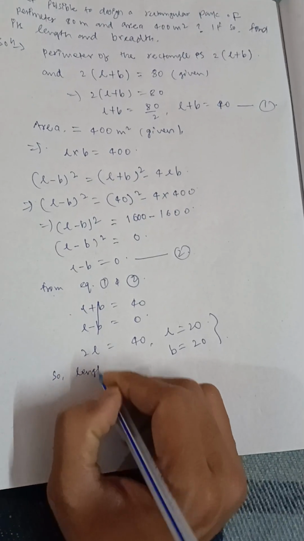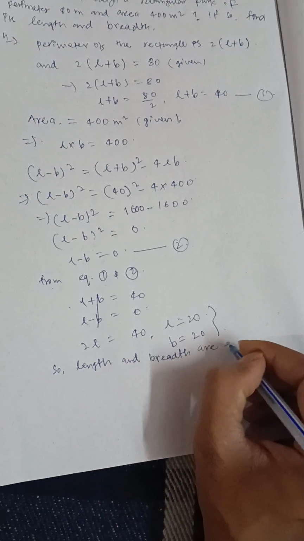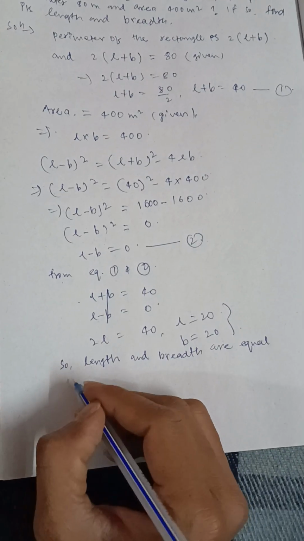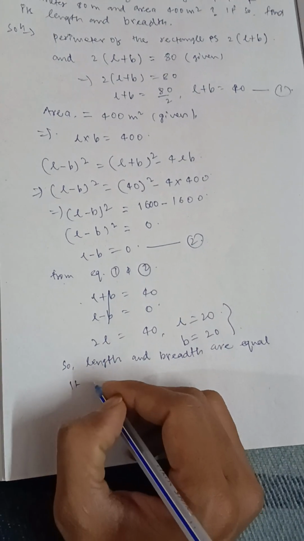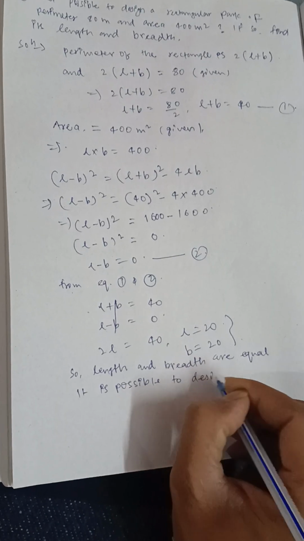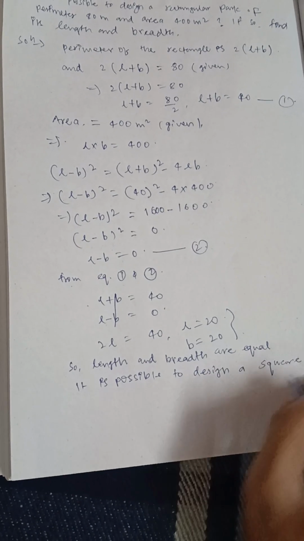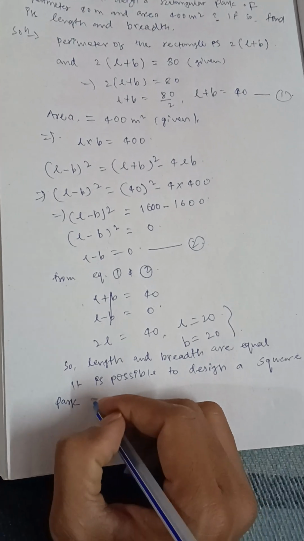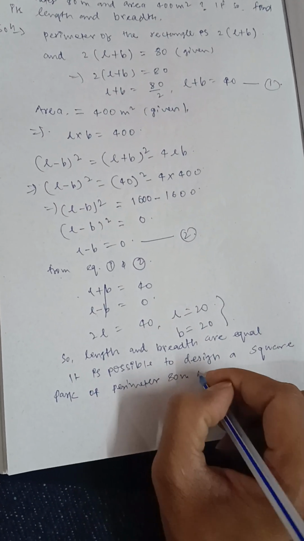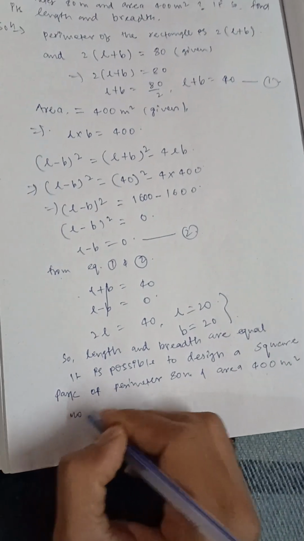So length and breadth are equal, then it is possible to design a square park of perimeter 80 meter and area 400 meter square, not a rectangular park.